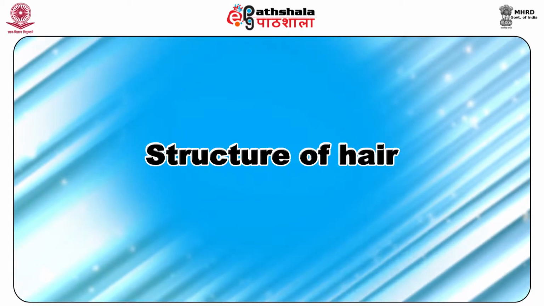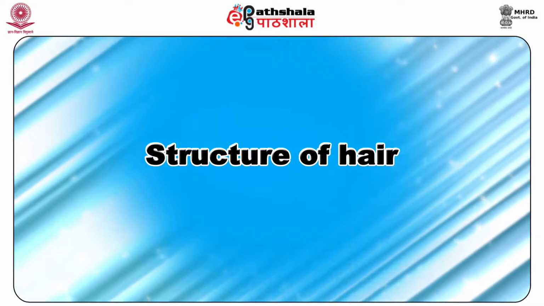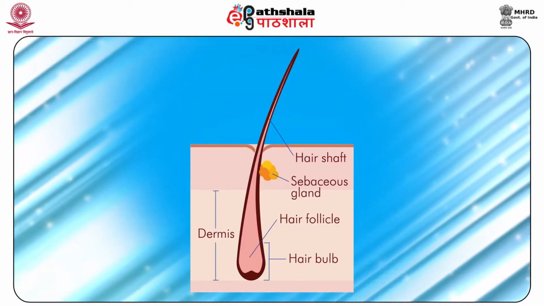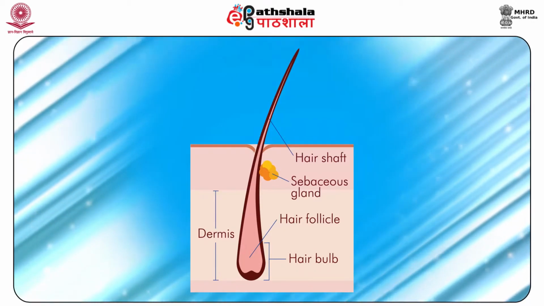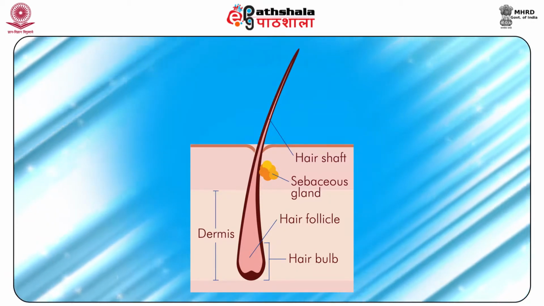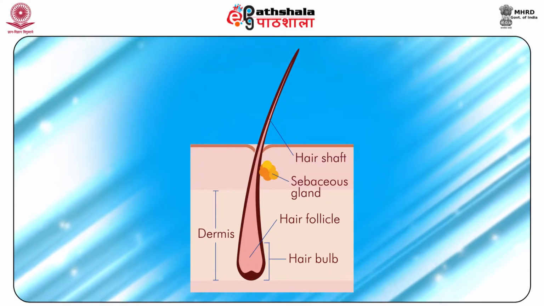Let us now understand the structure and classification of hair. Hair is a protein filament that grows from follicles found in the dermis or skin. Hair is one of the defining characteristics of mammals.